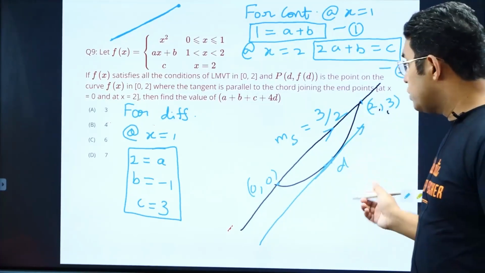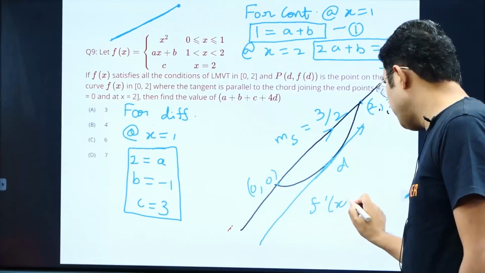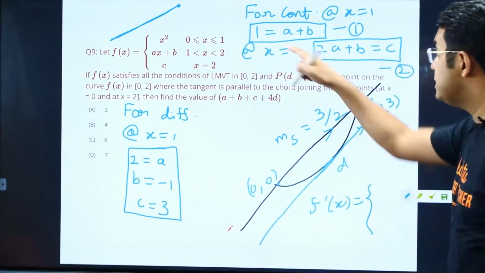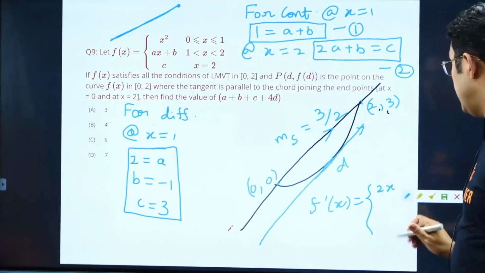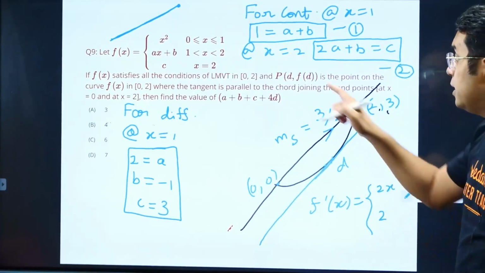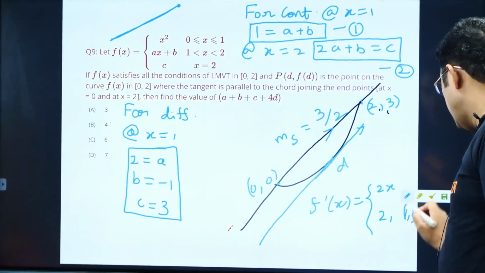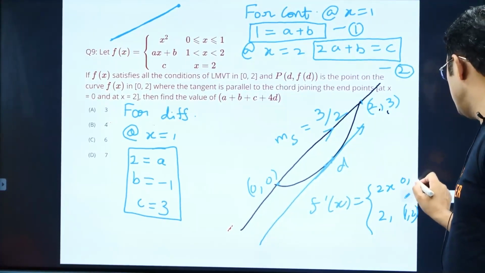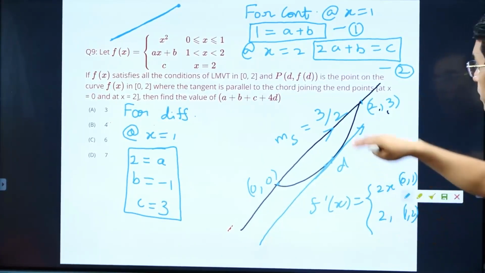Now I have to find a point d, actually (d, f(d)), where the slope should be equal to 3 by 2. To do this, I will take the derivative of the function f(x), and you can see it is equal to 2x for the 0 to 1 interval, and it is a, whose value we have found to be 2, between 1 to 2. So between 1 to 2 it is 2, which cannot be equal to 3 by 2.